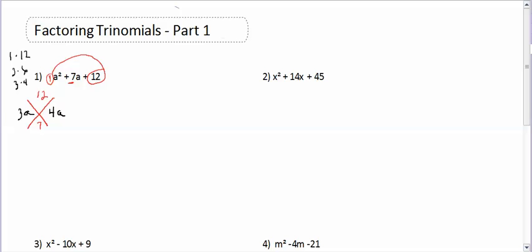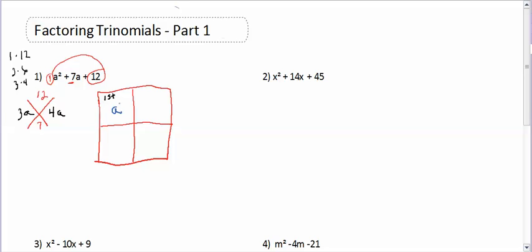Okay, now I'm going to create a box. It's going to be a 2 by 2 box. Okay, so let's create our box. In the upper left-hand corner, this is always going to be where you place your first term, so in this case it's a squared.